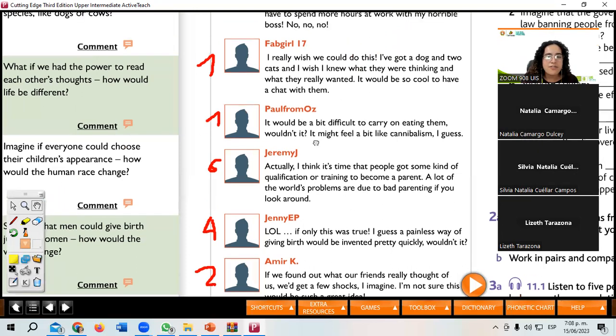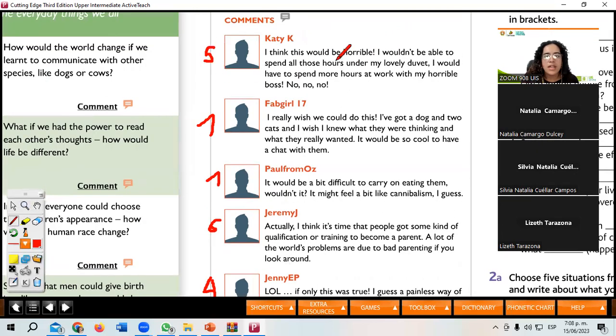Here we have, let me show you. Would is a past, or could is a modal. I wish I knew what they really wanted is also the past. It would be a bit difficult. It might, so we use modals.